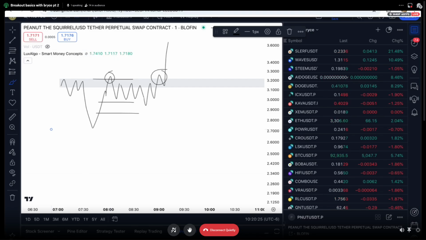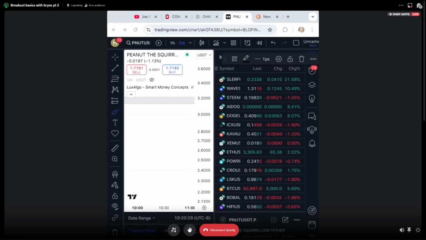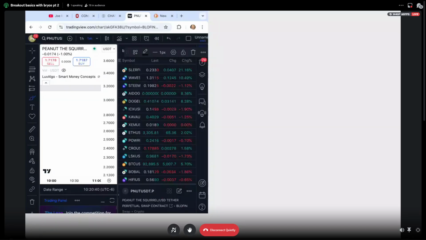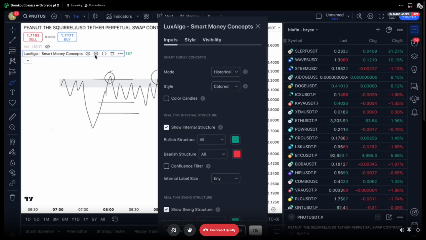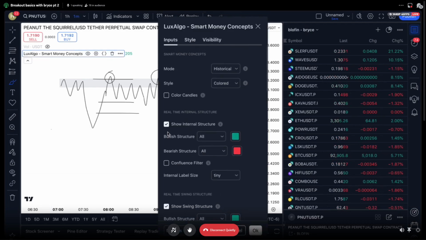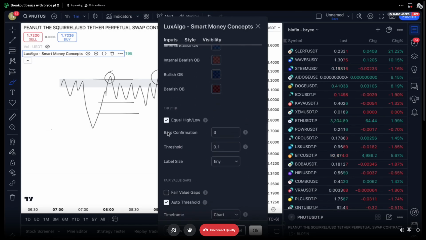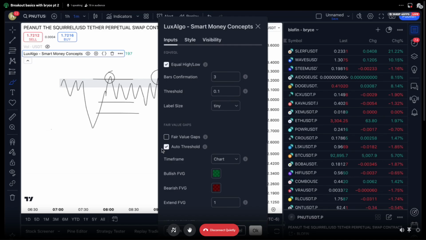Hold on, I'm going to check chat right now, see if we have any questions. Everybody good? Everybody following? All right, perfect. So we're going to add this indicator on, go down, and turn on this fair value gaps setting.